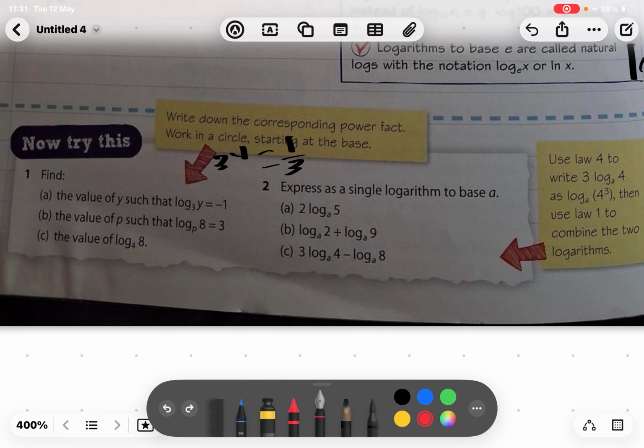Express as a single logarithm to the base of 5. So basically what we need to do here, let me think about it.